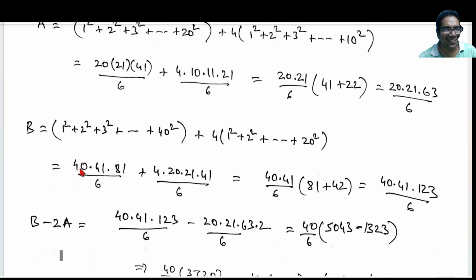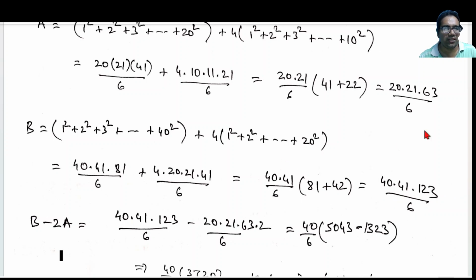Now here also let's take 40 into 41 by 6 common. Here also 4 into 20 is 2 into 40, so 2 into 21, which is 42. So 40 into 41 by 6 into 81 plus 42, that becomes 123. Basically, B is 40 into 41 into 123 by 6.